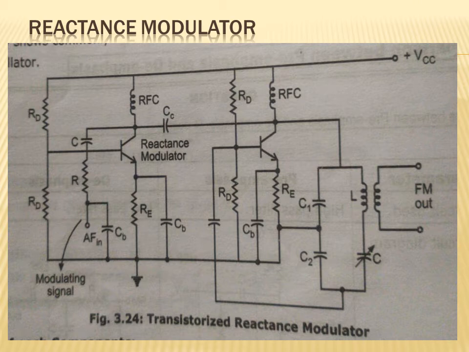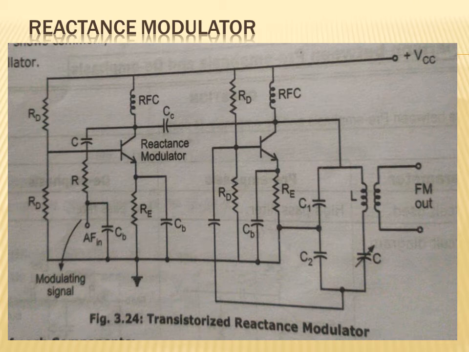This reactance appears across the oscillator circuit, at the output of the reactance modulator, and it is in parallel with the oscillator circuit. The output of the oscillator changes in accordance with the modulating signal so as to produce the FM signal. So at the output of the oscillator circuit, it produces the FM signal.